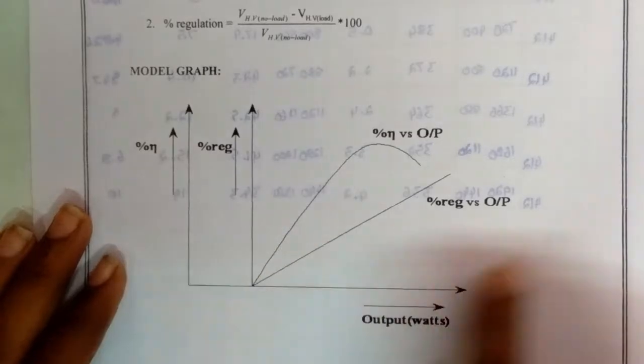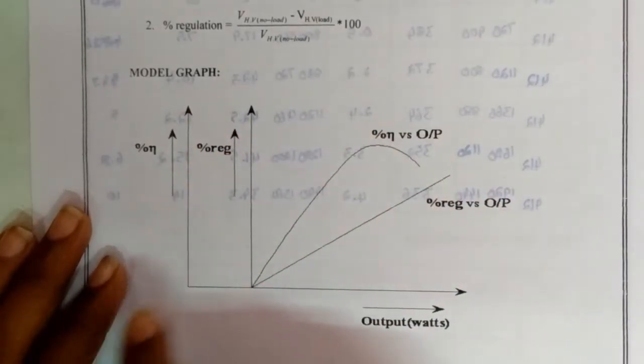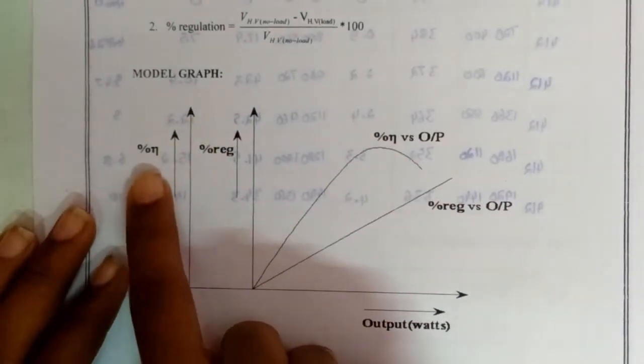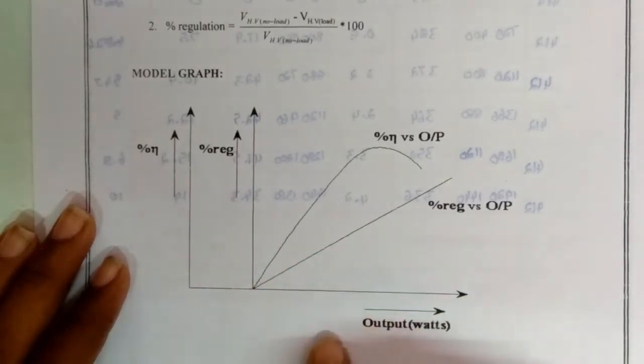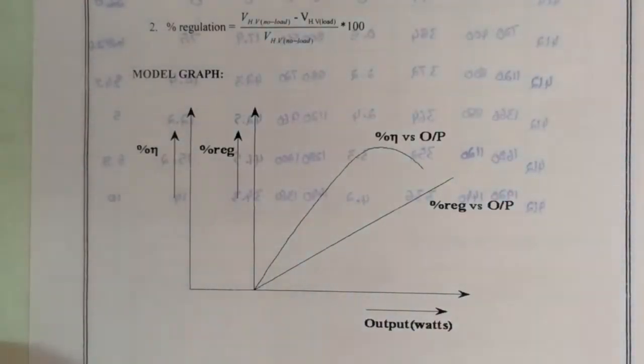So the model graph will look like this one. In y-axis percentage efficiency and percentage regulation, and in x-axis value will be output in watts.